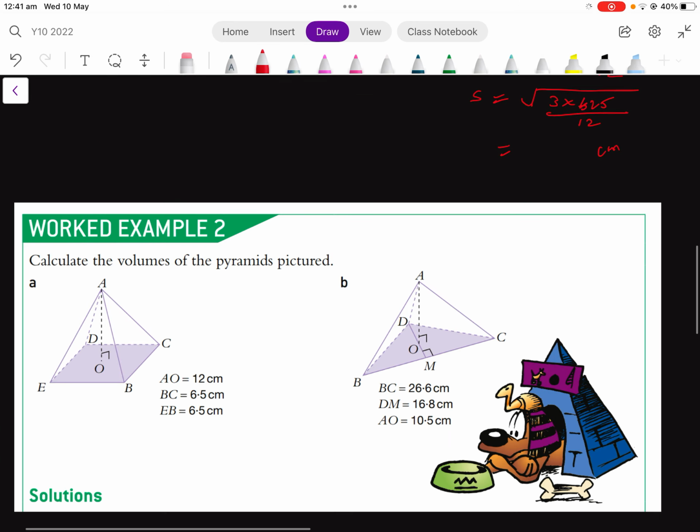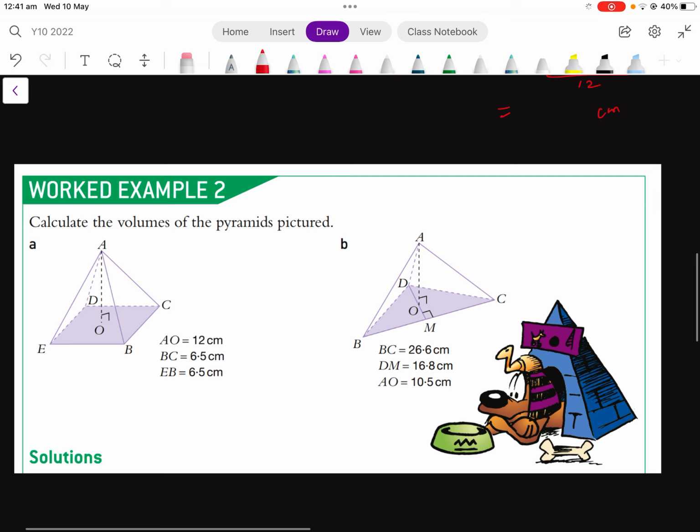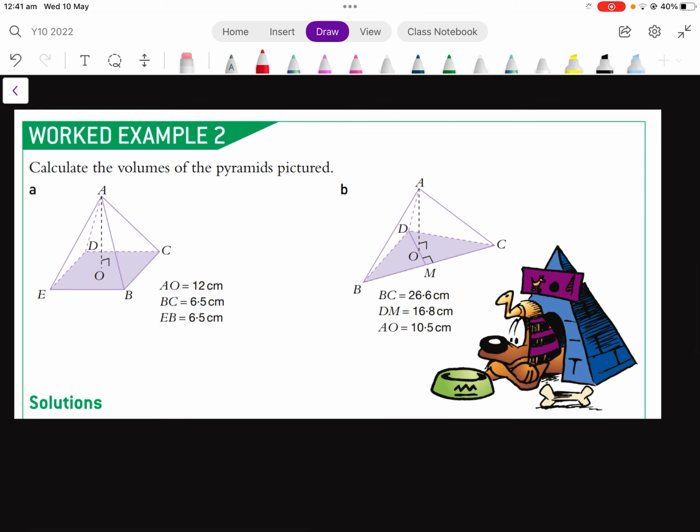All right, one more example here. It says calculate the volume of the pyramids in the picture. So here I have EB is 6.5, and BC is 6.5, so this is a square base pyramid, and AO, the height, is 12 centimeters.